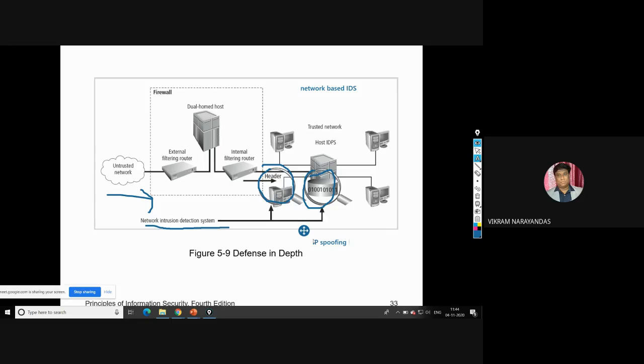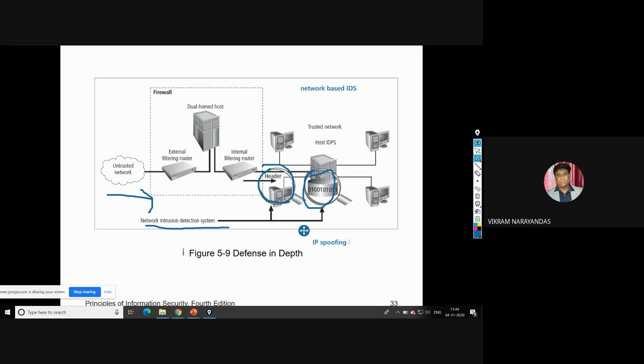So I can use the same IP address of your organization and enter into your organization. At that time, this IDS plays a major role. The network intrusion detection system looks at the patterns, what is the IP address you're using to enter into the organization.